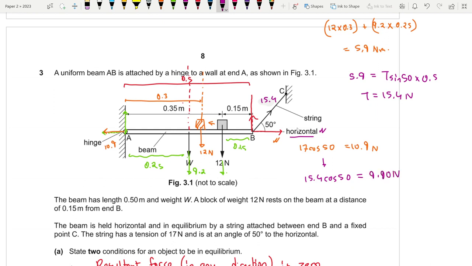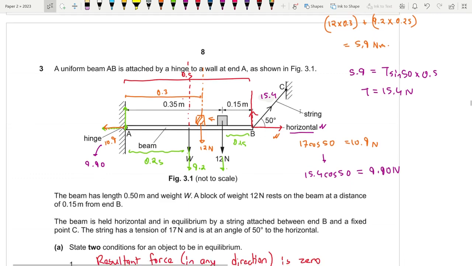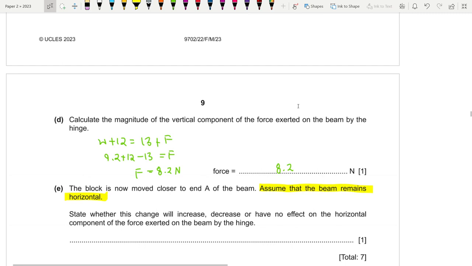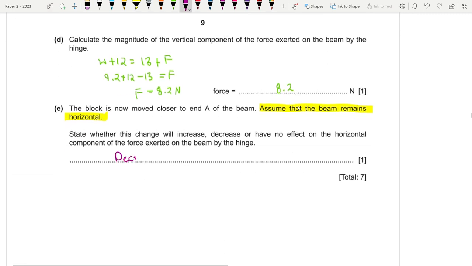As a result, since the horizontal component of the string has decreased from 10.9 to 9.9, this horizontal force acting on the beam from the hinge must also decrease to 9.90 to keep things in equilibrium. So that's the working. Okay, so our answer will be it decreases.